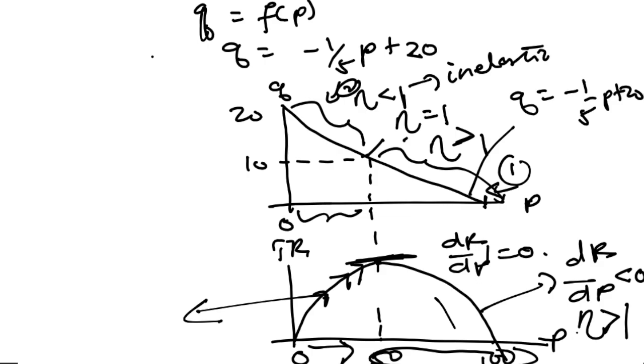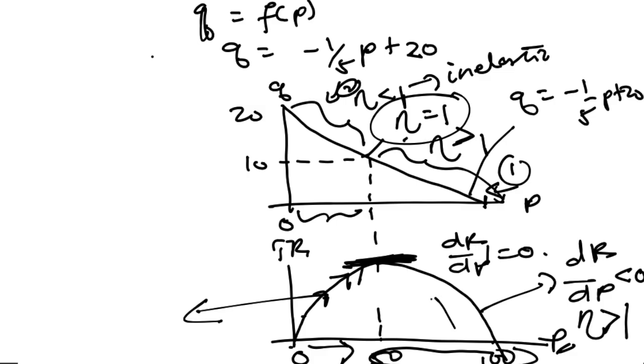With respect to price. Price is here, revenue is here. So you can see dR over dP is upsloping between 0 and 50, but becomes 0, you see flat here, at maximum. At maximum, price is 50. And we know that when price is 50, eta, elasticity of demand, is 1.